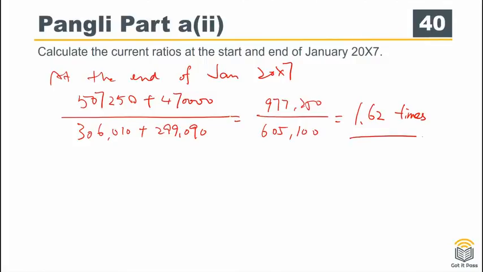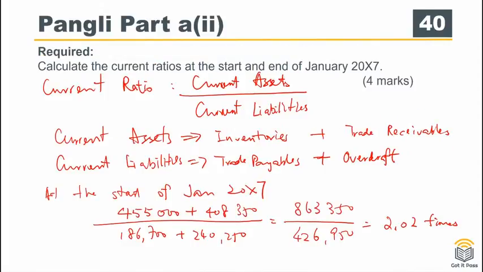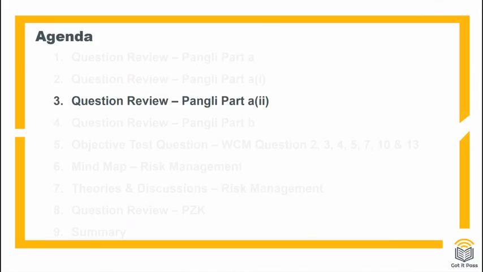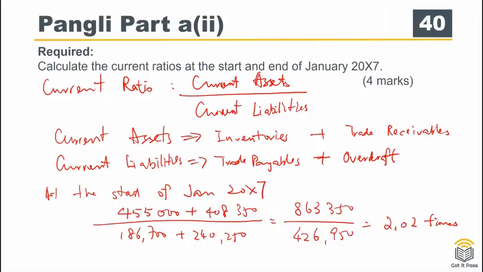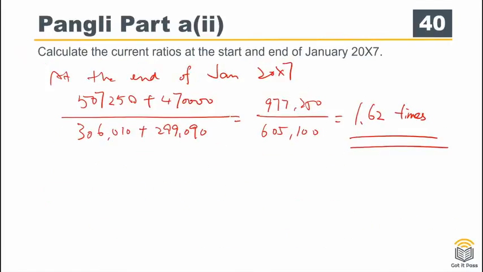So we got all these answers for the current ratios asked by the question, which is at the beginning of the period, 2.02 times, and by the end of the period is 1.62 times.